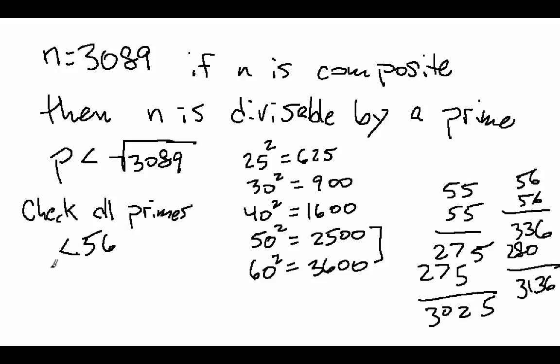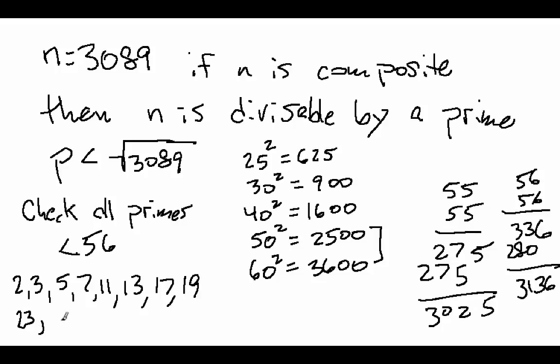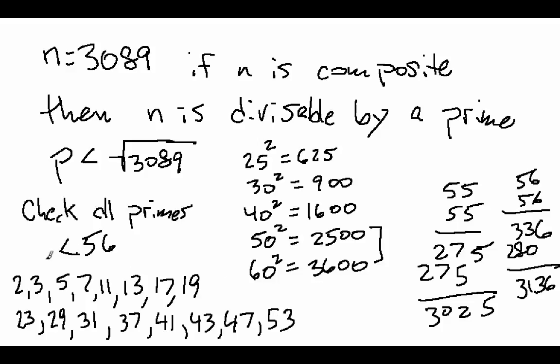Okay, and we can see that that's not a particularly long list. 2, 3, 5, 7, 11, 13, 17, 19, 23, 29, 31, 37, 41, 43, 47, 53. That's it. So I would have to check to see if any of these numbers here.